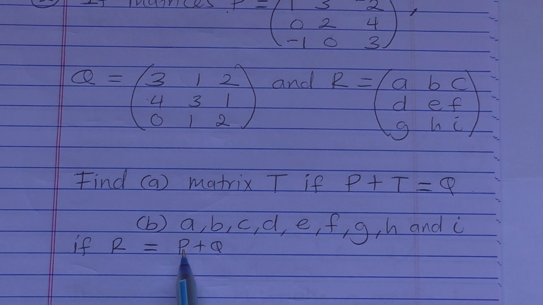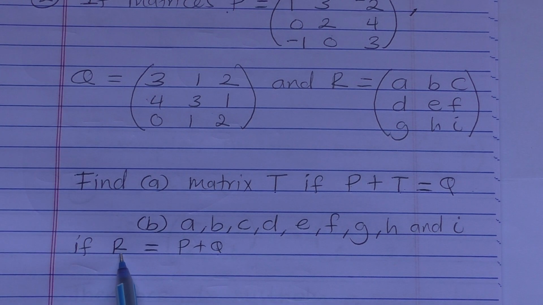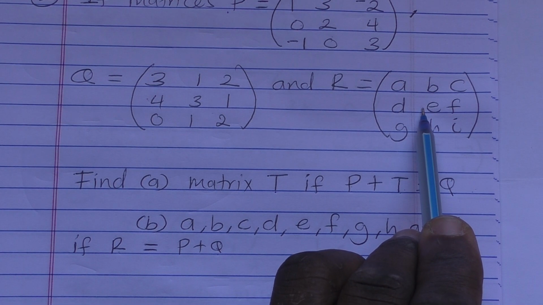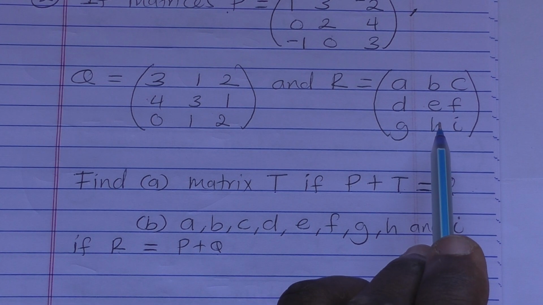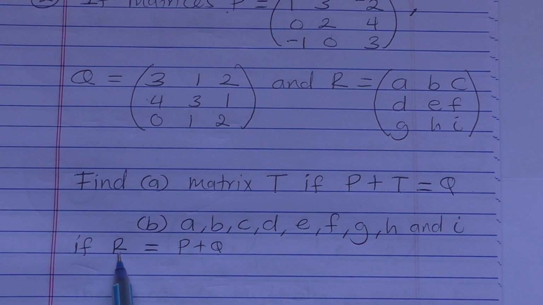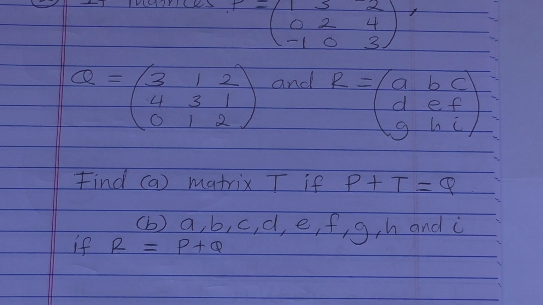So after getting P plus Q, we shall get a matrix which will be equal to R. And now we shall substitute R with this. And then we shall compare corresponding components of the sum here and that of R. And then we shall get the values of the unknowns or the letters. Please try the rest of the numbers out.